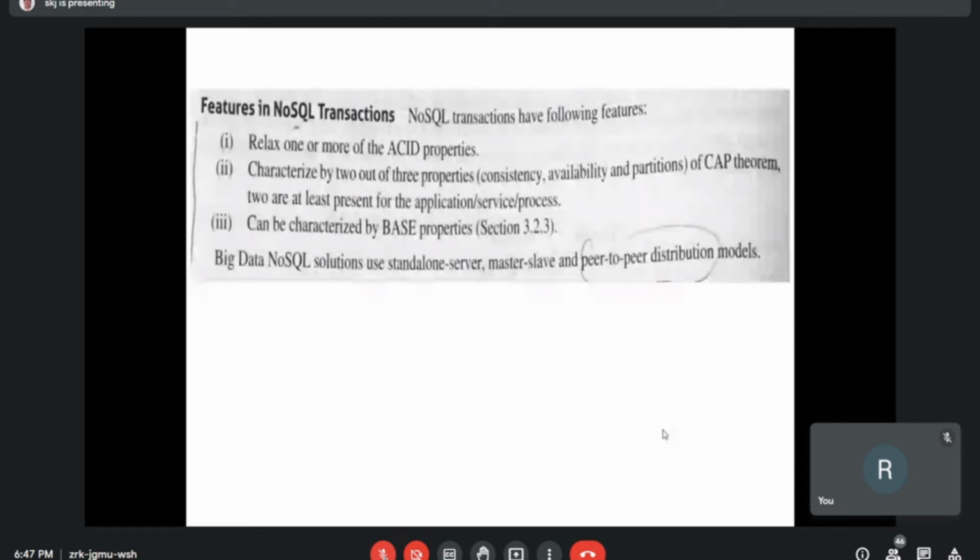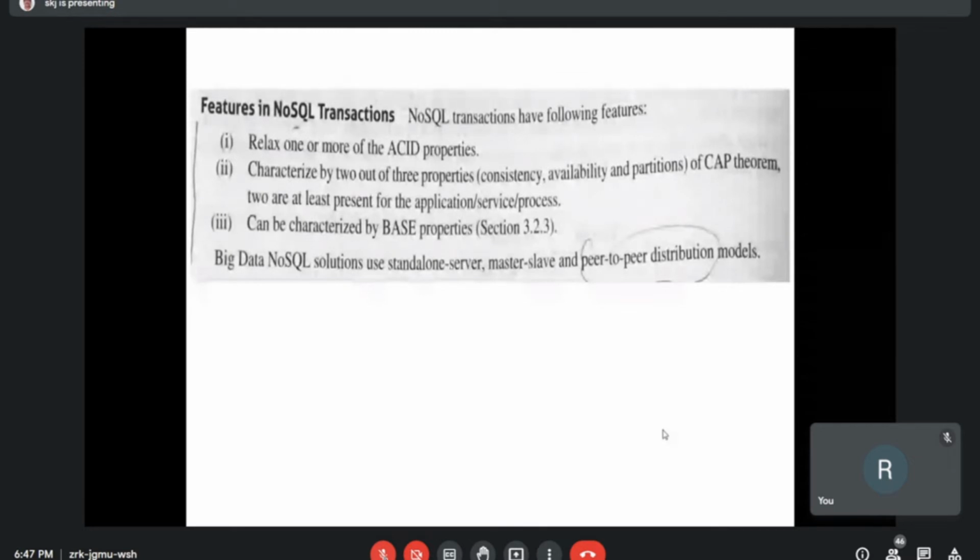We cannot use such ACID properties here. And those applications where the ACID property is the only important issue, we cannot use big data technology. There, relational technology is still useful. So relax one or more ACID properties: out of these 4 properties, 1 or 2 have to be relaxed.